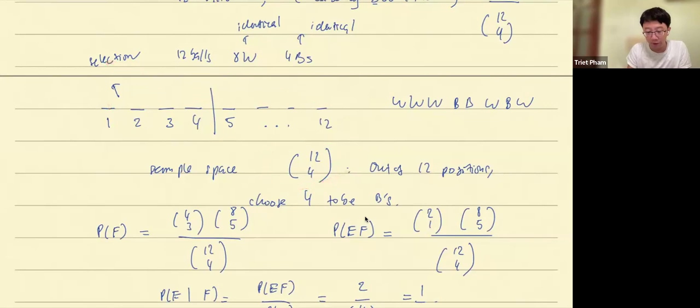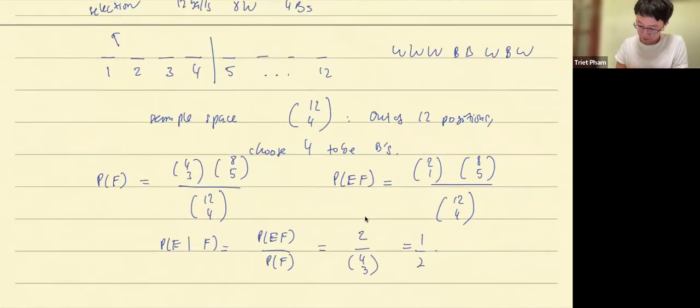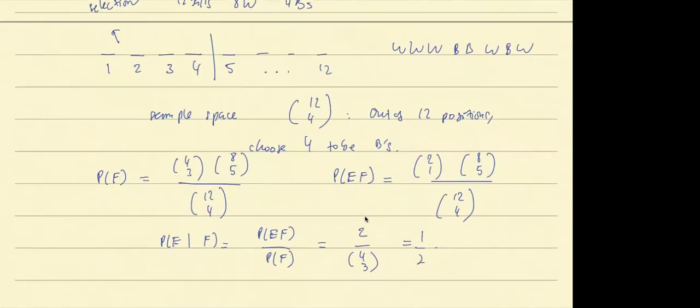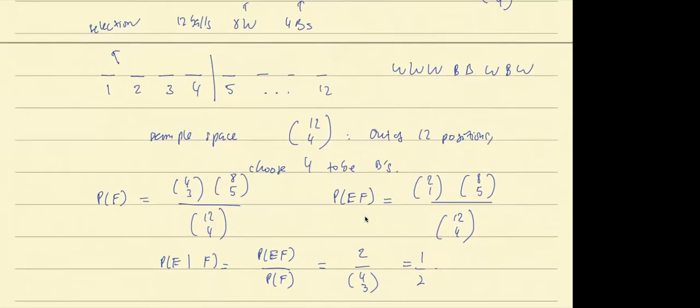So after we make the arrangement for our first 4 positions, we still have to make the arrangement for the last 8 to make it a complete arrangement. Is that okay? So we still have to account for the ones that we don't draw from, just because they're included in the sample space. Exactly.